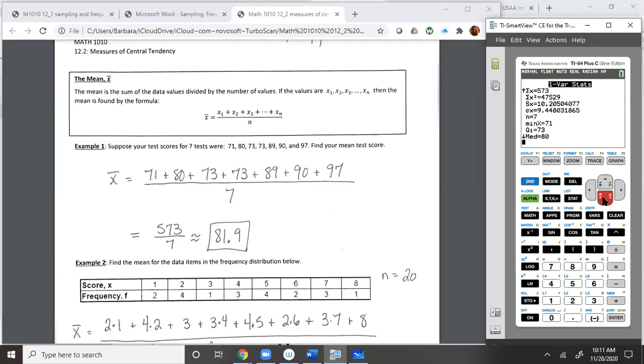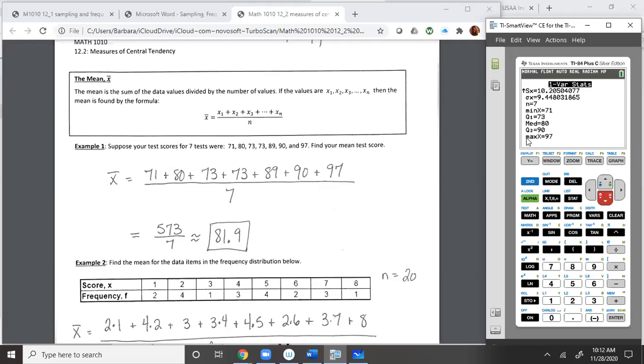And it's going to give you a lot of data here. All right, so it's given us the mean, the sum of all the x, the standard deviation, the number of items in the list, and then at the bottom we have 5 numbers here.